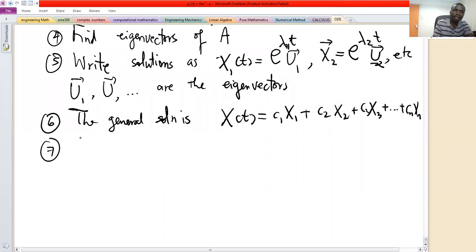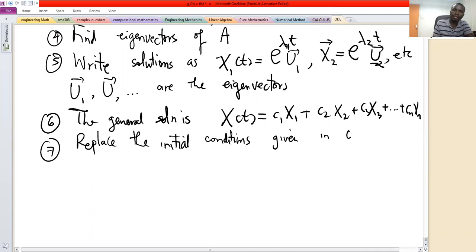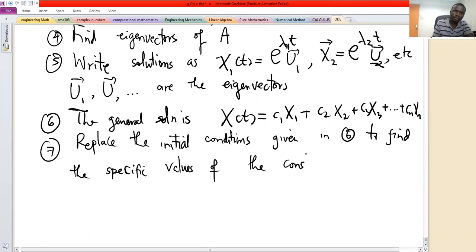And lastly, number 7, replace the initial conditions given in 6 to find the specific values of the constants C1, C2, up to Cn.